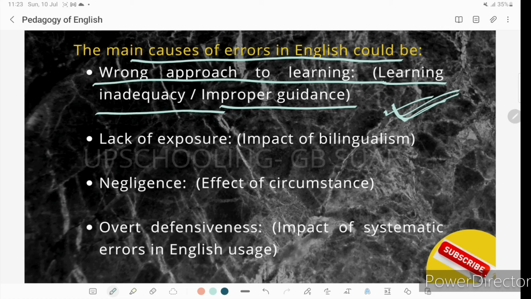And the morning shows the day. If you have a wonderful teacher, then your English shall be good. So improper guidance पहली चीज है. कोई भी इंग्लिश पढ़ाने के लिए क्लासरूम में चला जाता है. Lack of exposure जो है, this is also one of the main causes. Impact of bilinguality, यहाँ पर दो लैंग्वेज का हमने एग्जाम्पल भी ऊपर रखा था.